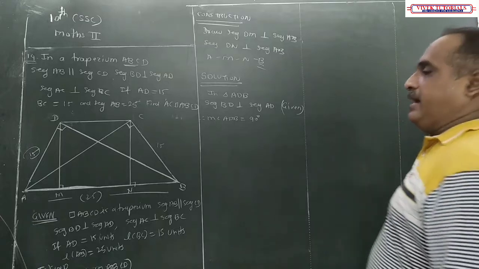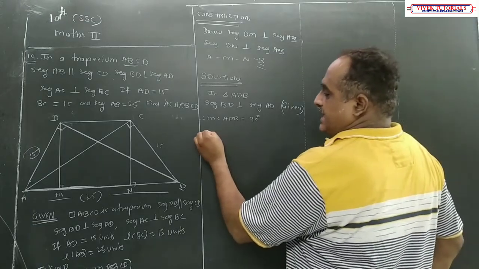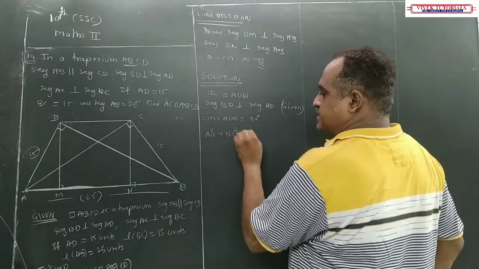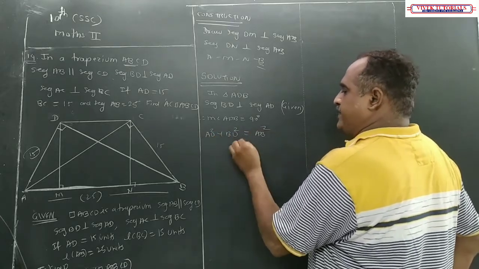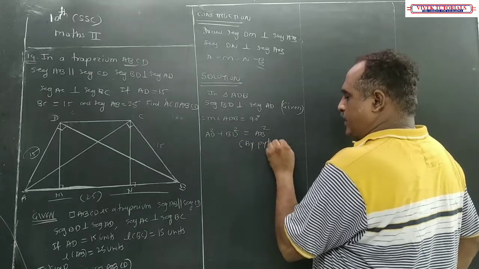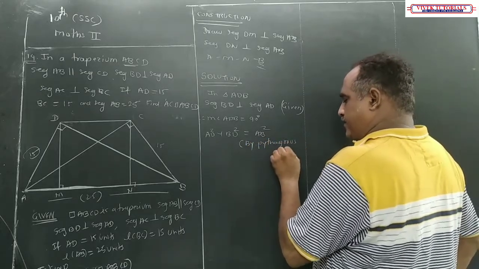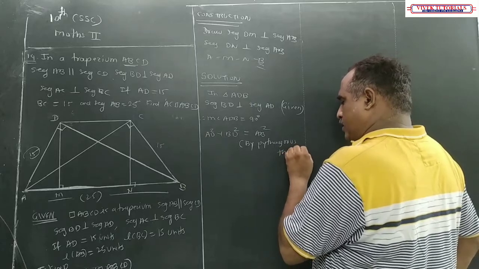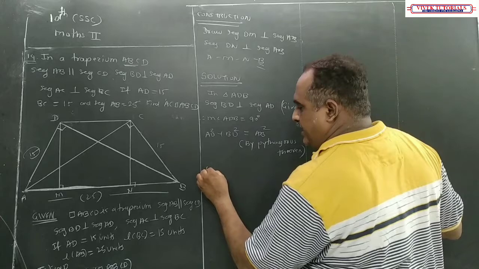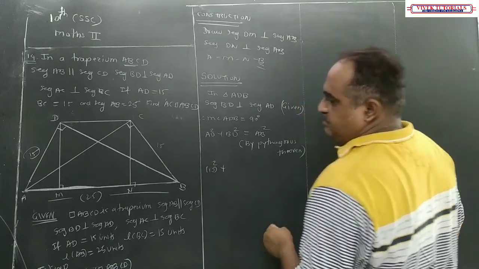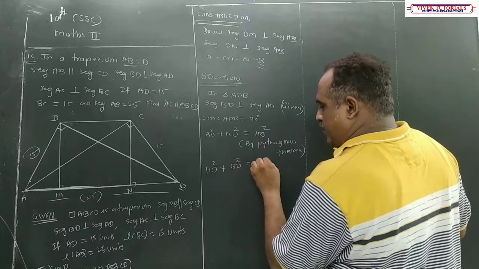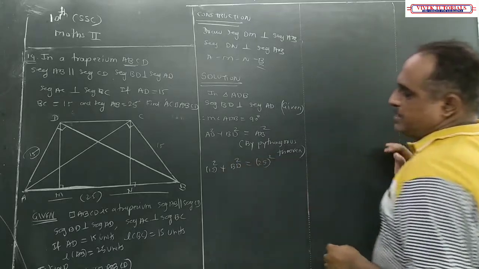I can apply Pythagoras theorem, that is AD square plus BD square is equal to AB square. By Pythagoras theorem, 15 square plus BD square, which we don't know, is equal to 25 the whole square.